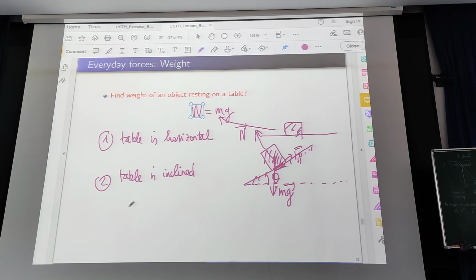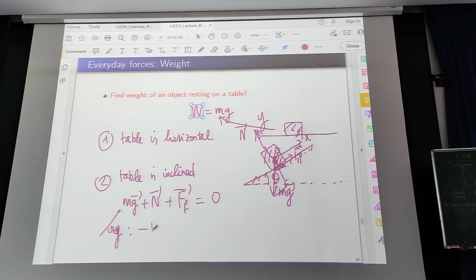So in this case, I will have mg plus N plus the friction, and then the object is at rest, so the sum equals 0. Okay? I am assuming at rest. And now if I project this along OY, mg along OY is what?